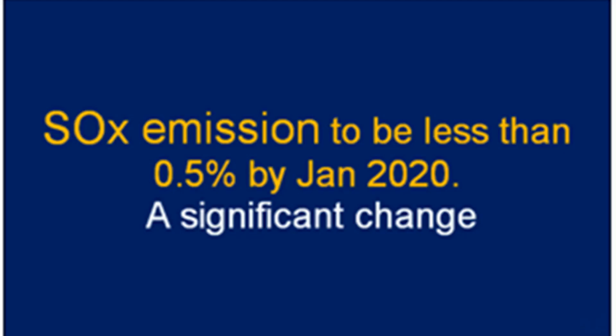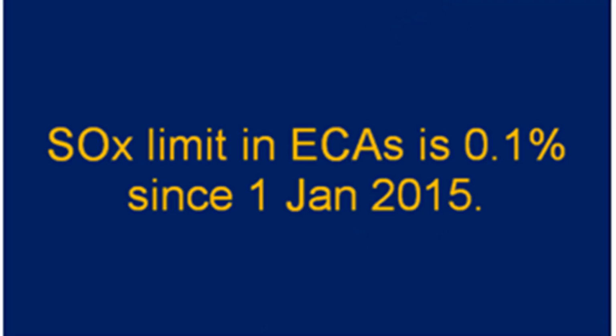And that limit was to be reduced to 0.5% M/M by 1st January 2020, subject to an assessment, which became, of course, successful. Later on, MEPC said that this is possible and the limit would be 0.5% M/M by 1st January 2020.